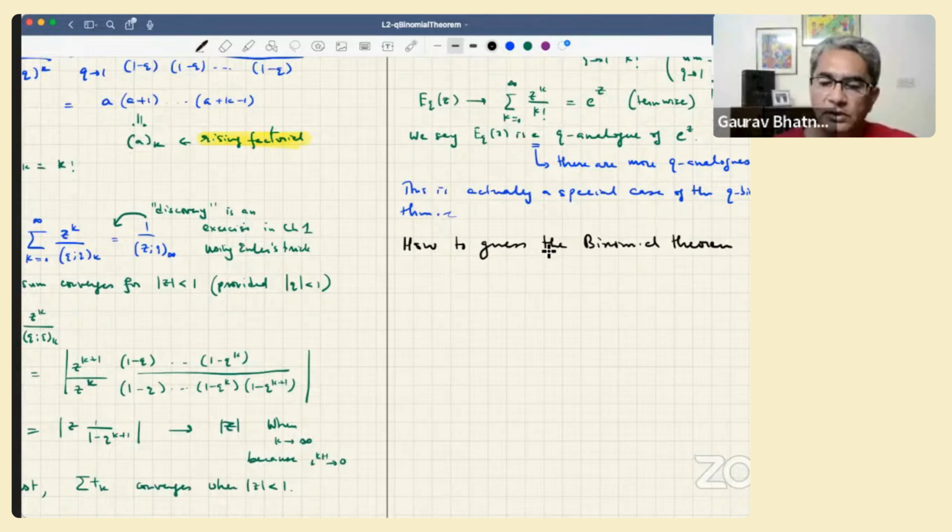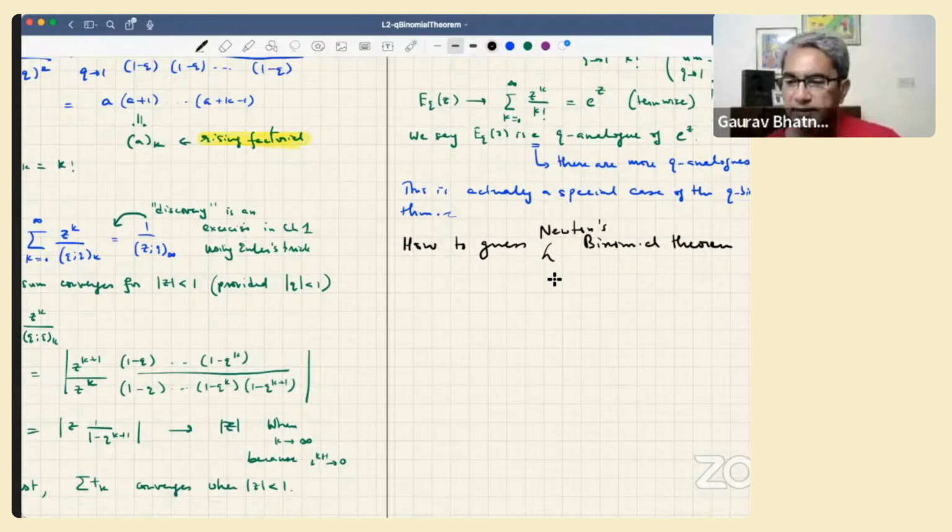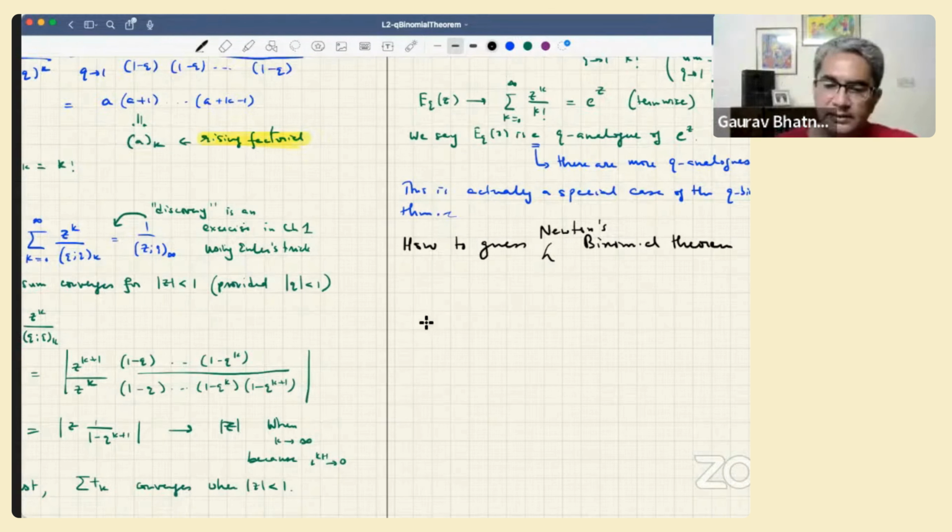I would say Newton's binomial theorem. And again, this kind of thinking is quite useful for us, so pay attention. Okay, so what are we doing?